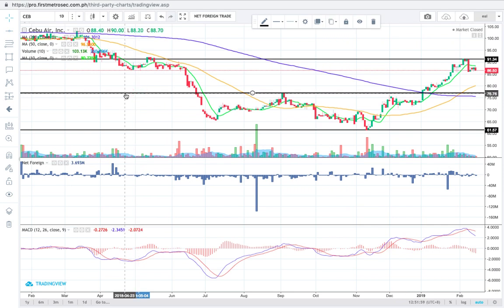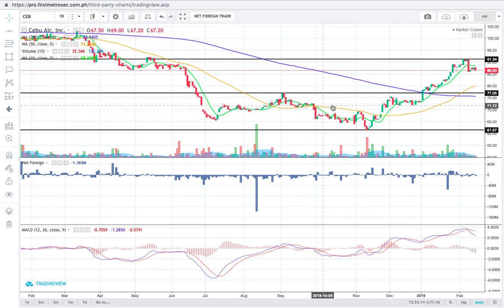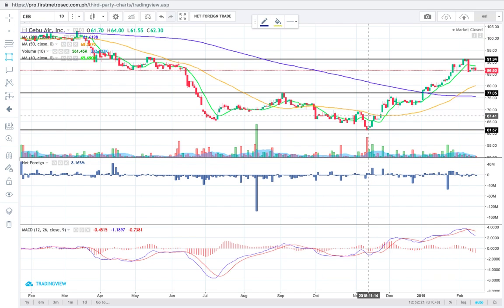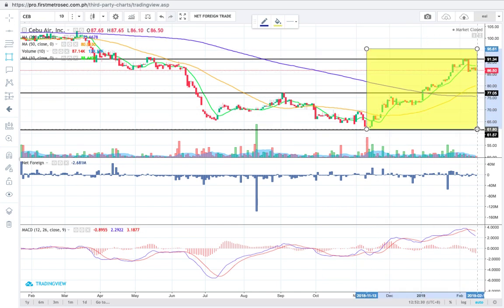By the way, one thing: when a previous resistance level is broken, for example here, before the second week of November last year, of course, these charts here still did not exist.